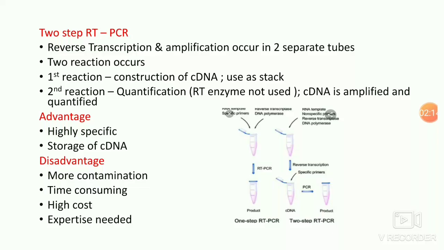After construction of cDNA, it can be used as stock for further uses. In the second reaction, with the PCR reagents and Taq DNA polymerase, the reaction starts for quantification. We should remember that reverse transcriptase enzyme is not used here. Just the cDNA formed in the first reaction is amplified and quantified.